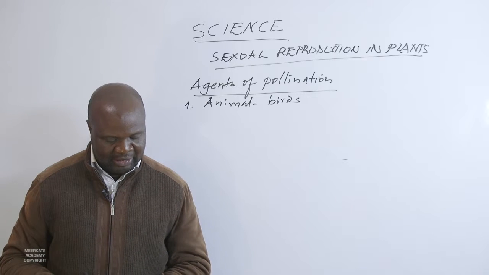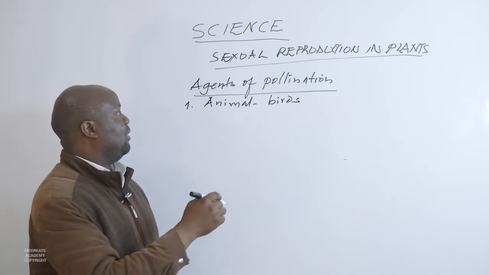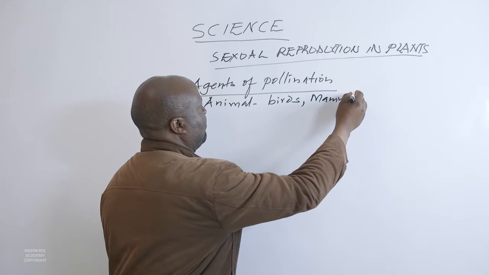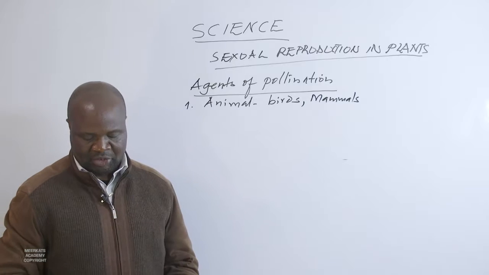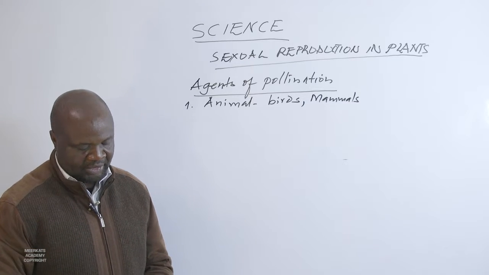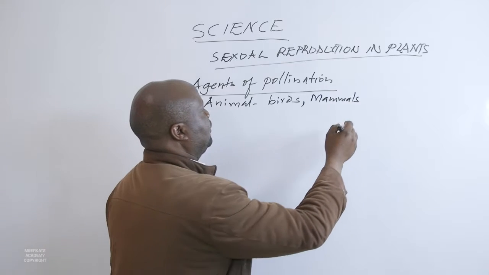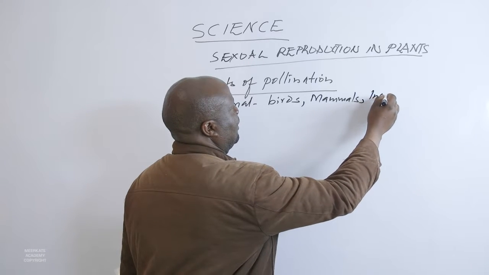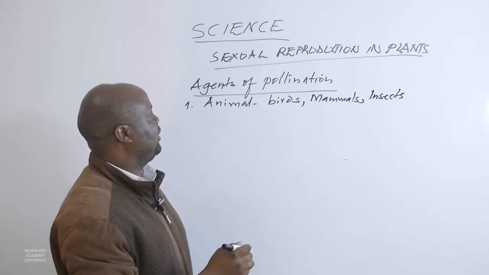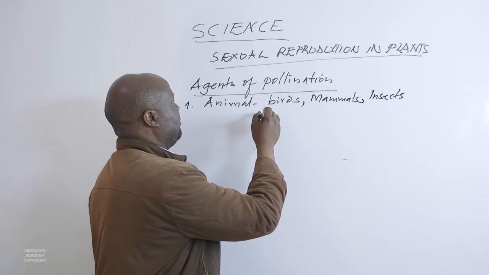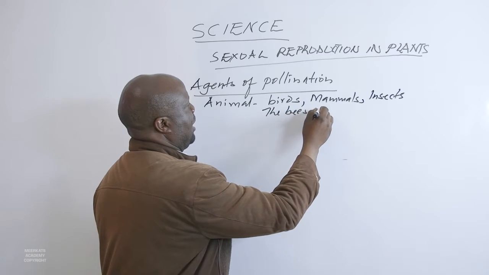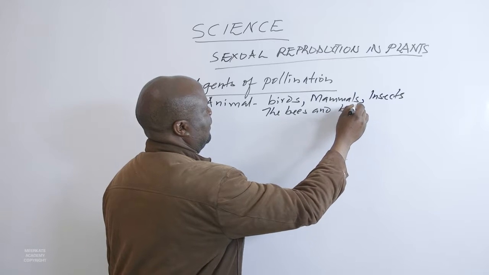So it can be done by the birds, and also by mammals. Mammals are agents of pollination, and also insects. When we mention insects as agents of pollination, we can specifically mention the bees and the butterflies.